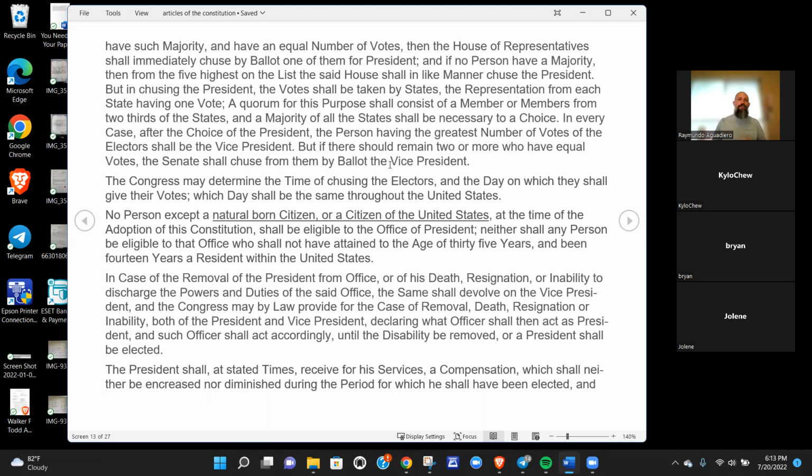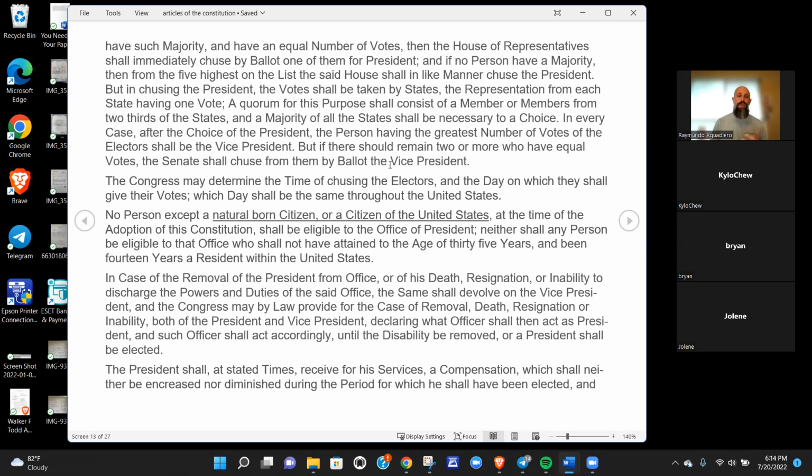In case of the removal of the president from office, or his death, resignation, or inability to discharge the powers and duties of the said office, the same shall devolve on the vice president. And the Congress may by law provide for the case of removal, death, resignation, or inability, both of the president and the vice president, declaring what officer shall then act as president, and such officer shall act accordingly until the disability be removed or a president shall be elected.